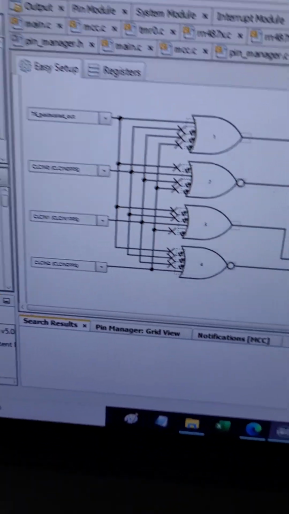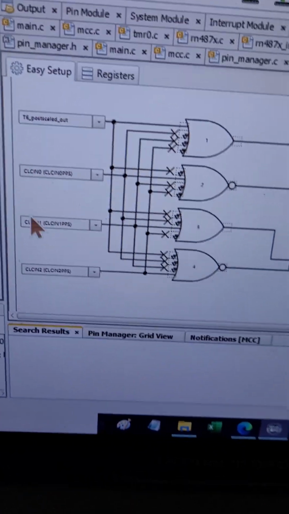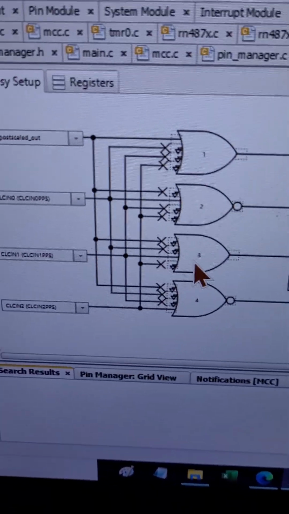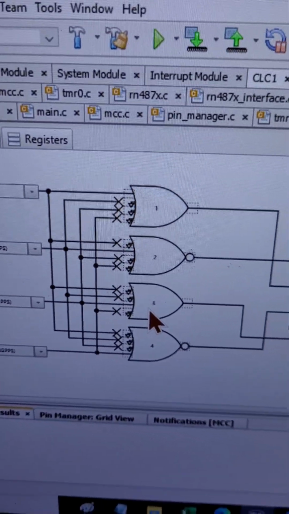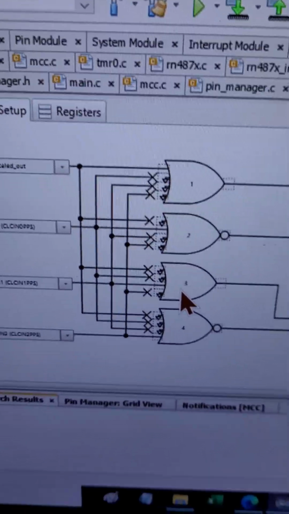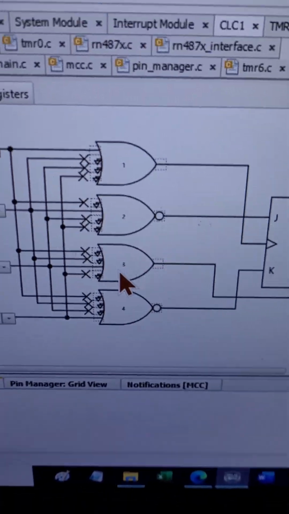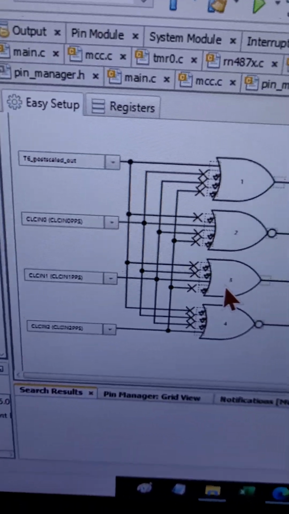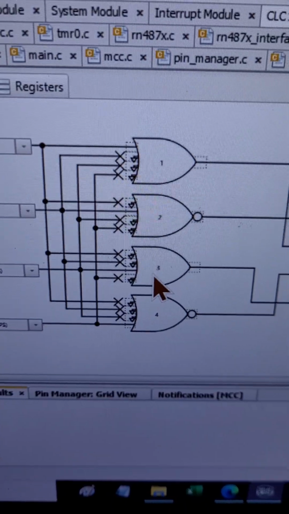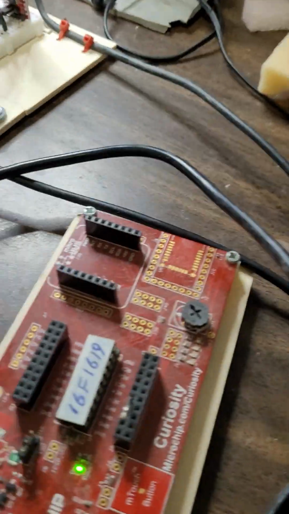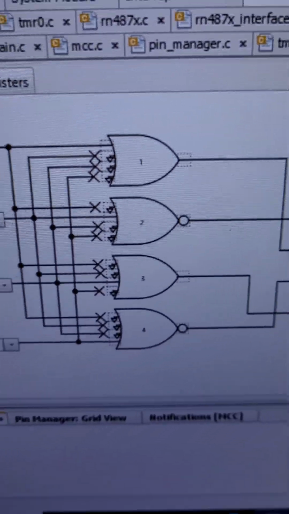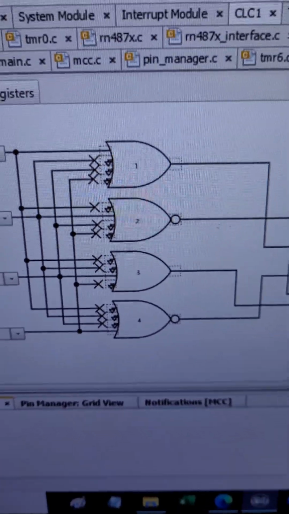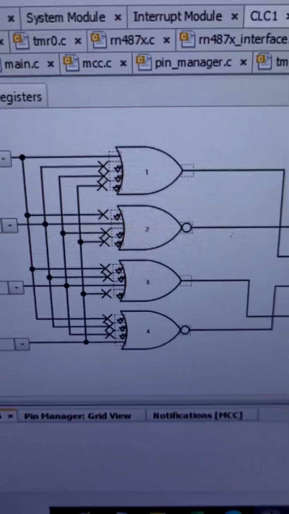And believe it or not, sometimes even code in C or assembly that talks to the hardware directly cannot perform certain tasks. That's why we need these configurable logic cells, or you can call them the FPGAs of Microchip, FPGAs embedded within the microcontrollers.